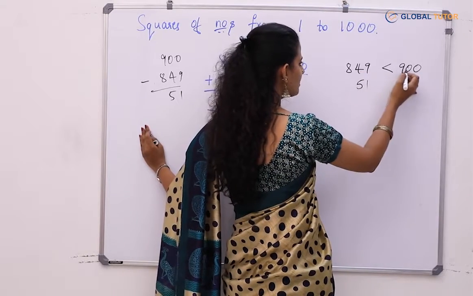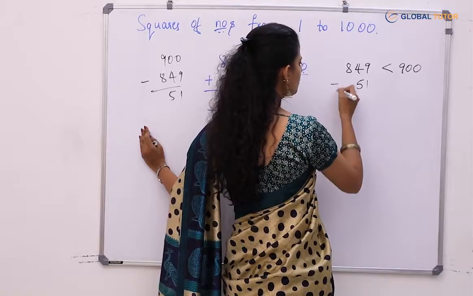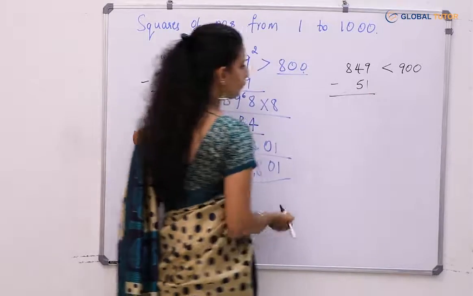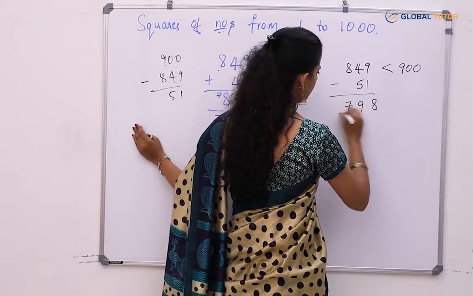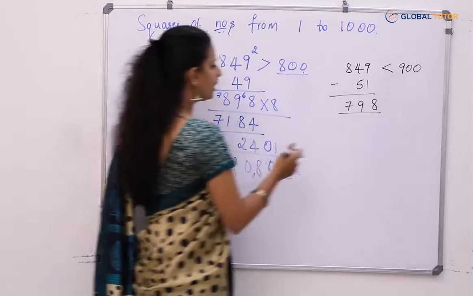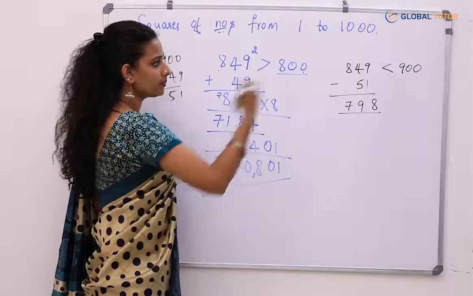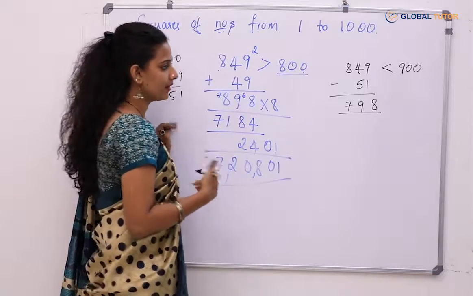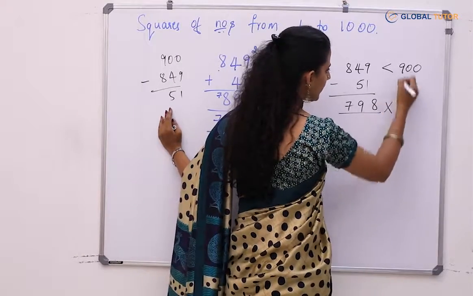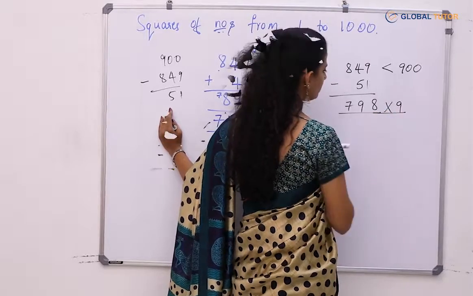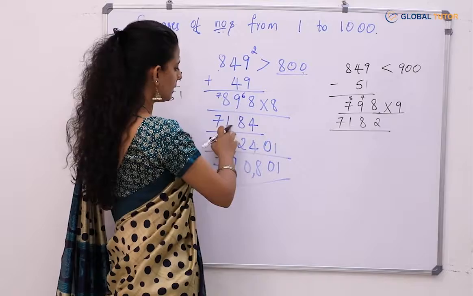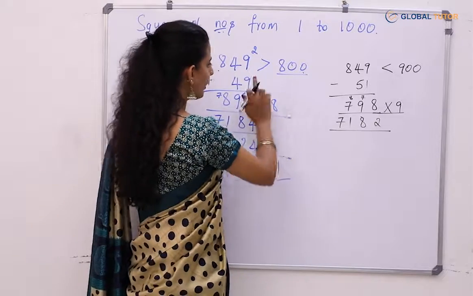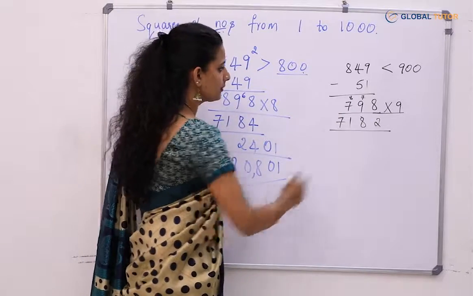Because the given number is less than 900, you subtract 51 from 849. So this is 798. Now, because you took the reference number as 900, you multiply 798 by 9. So it is 7182.